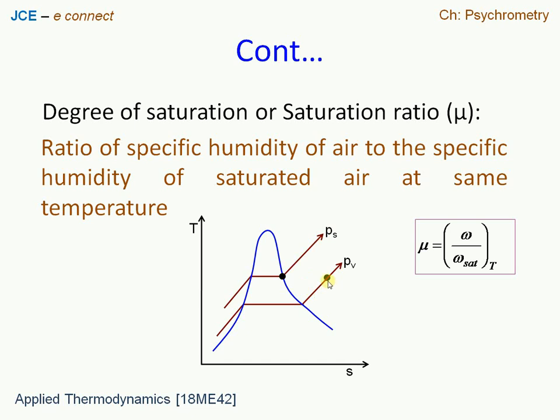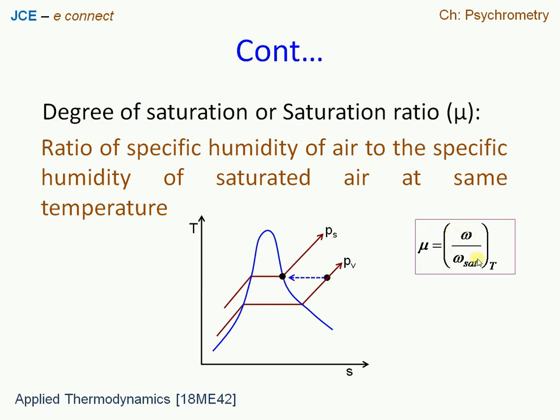So the sample of moist air becomes saturated when it approaches the saturated vapor curve at constant temperature. Here we are increasing the pressure, and thereby we take the sample from the superheated region to the saturated condition. At this point we can say the sample is completely saturated.